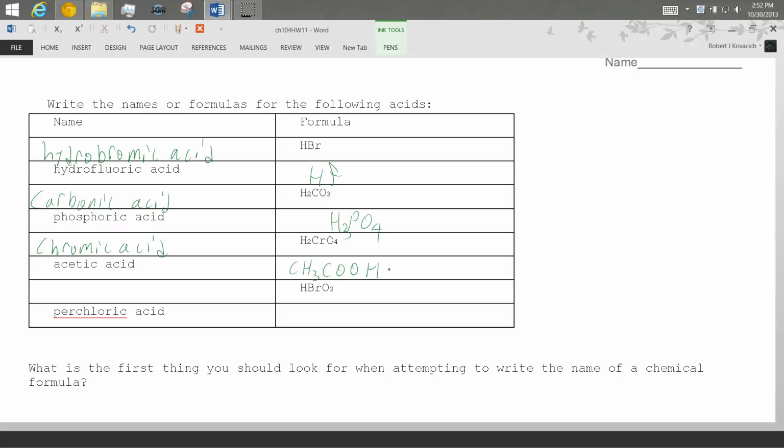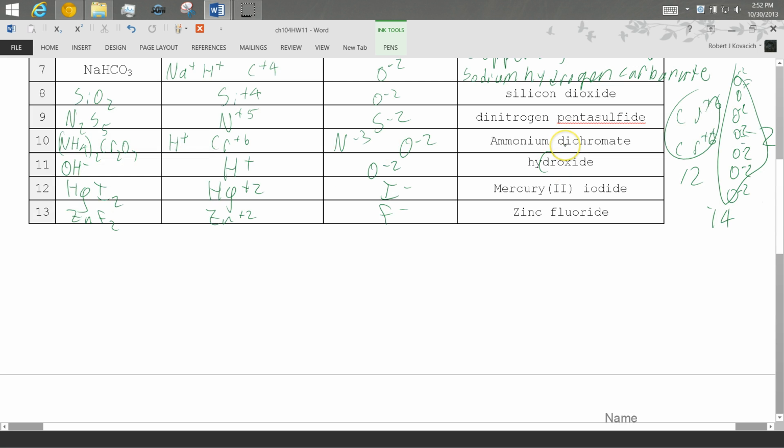Do you remember why we wrote the polyatomic ion's formula like that instead of grouping the H's and O's and C's together? That's how it's actually drawn. So nobody actually writes C2H3O2. They just don't.